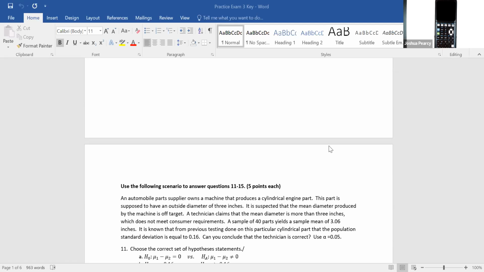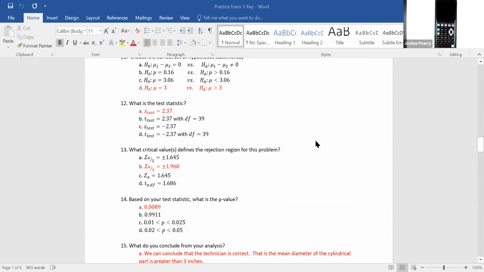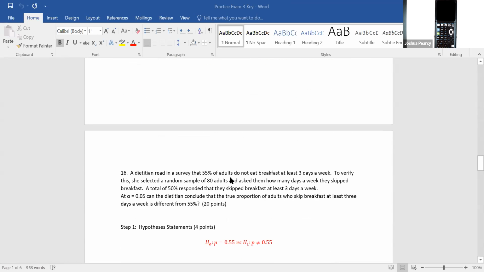No. 15? No. I don't know. Let me check. That may be another mistake. What can you conclude from the analysis? The technician is correct. No, that's right. And you have to tell me what the correct one is.